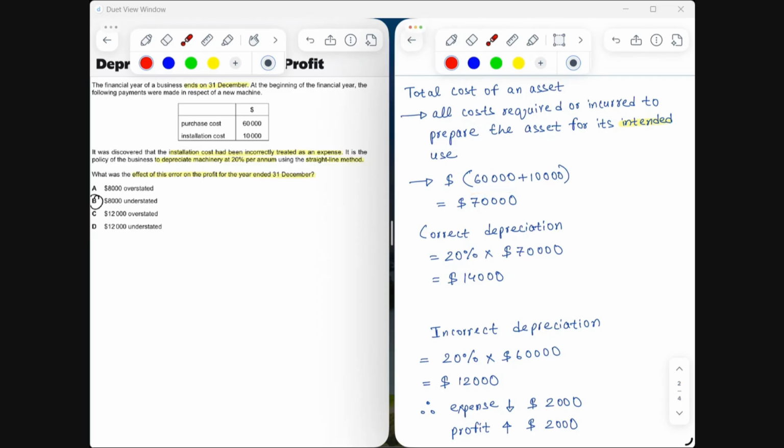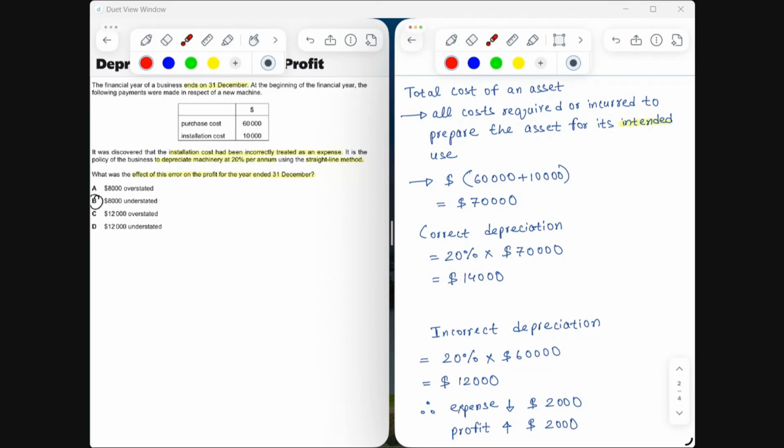Now, the correct depreciation using the straight line method in this case is 20% multiplied on this total cost of $70,000, which would have been $14,000. But the question clearly specifies that the installation cost was incorrectly treated as an expense.